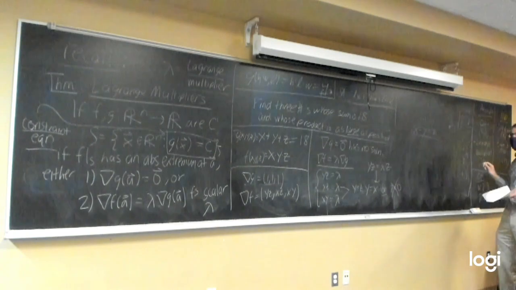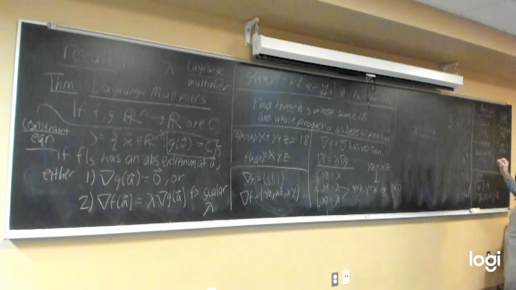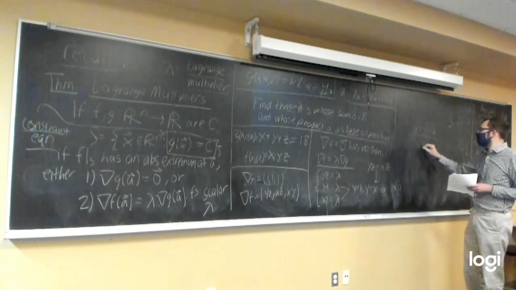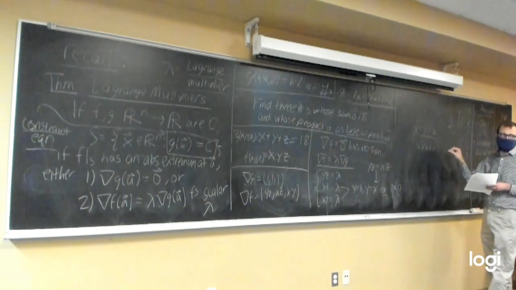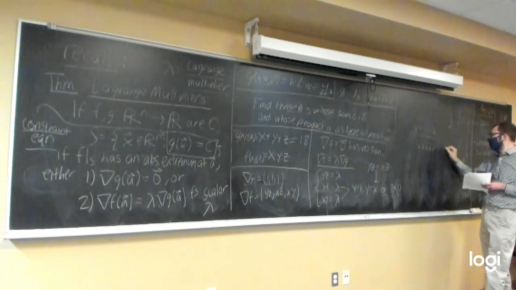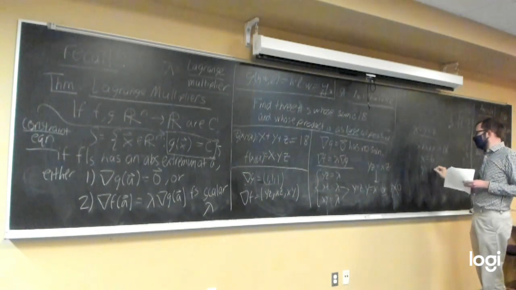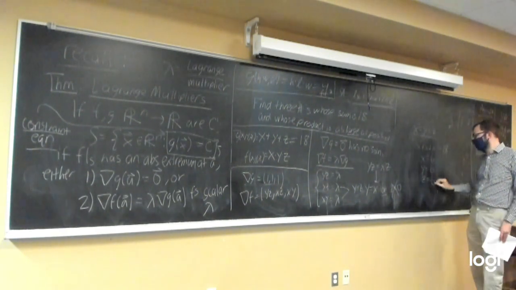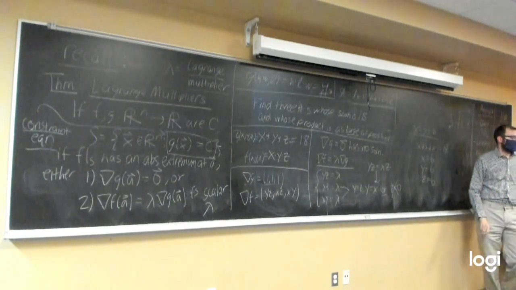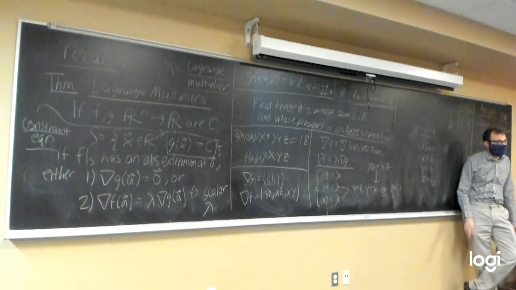And then, once again, if we plug that back into the constraint equation, we'll get x plus x plus x, triple x, spicy, is equal to 18. And then we get an evil-looking answer. x, y, and z are 6, 6, and 6.